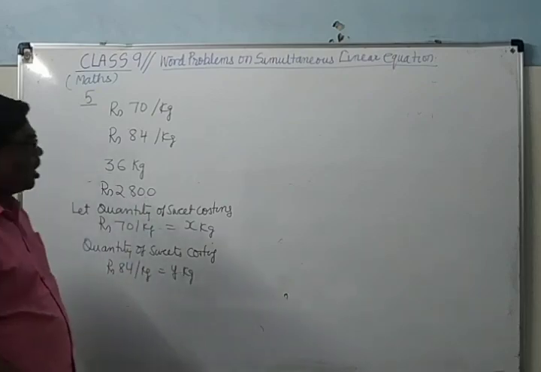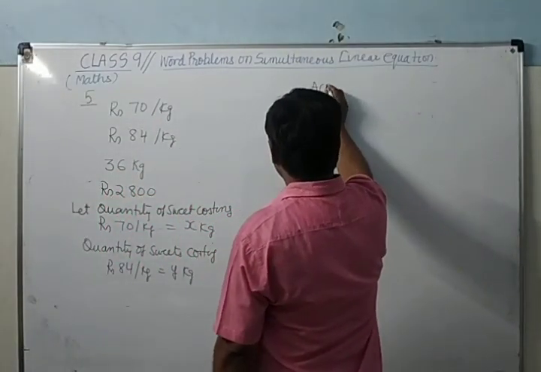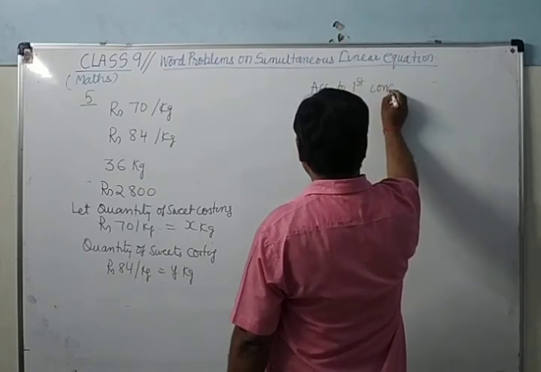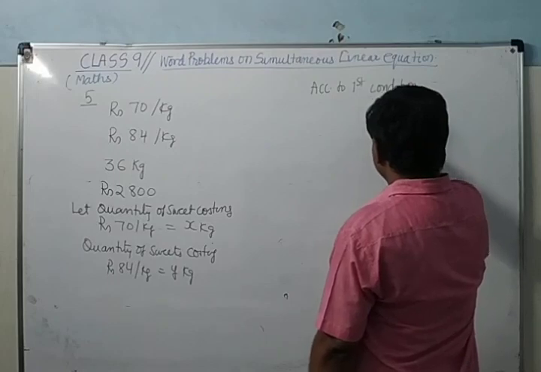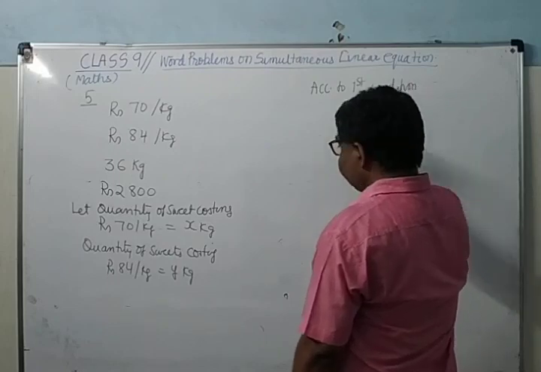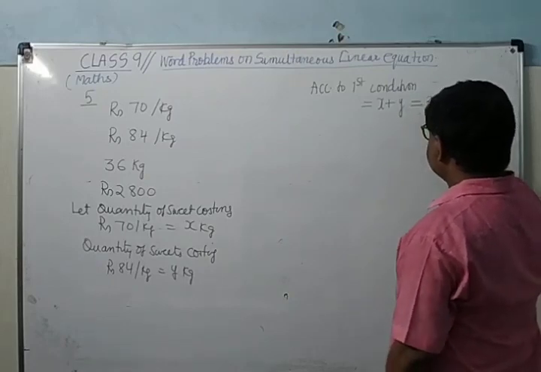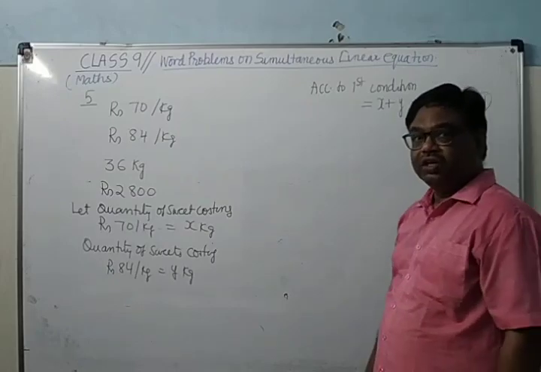Okay. So according to the first condition, what is the total quantity of sweet? It is given X plus Y, and in the question it is given 36. So this is the first equation, X plus Y equals 36.